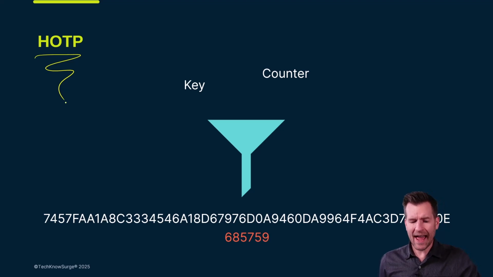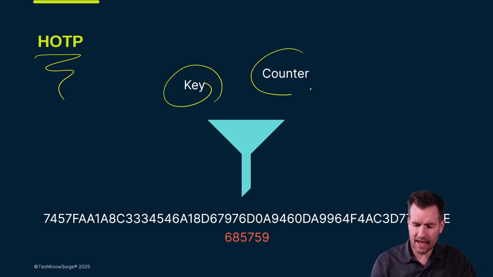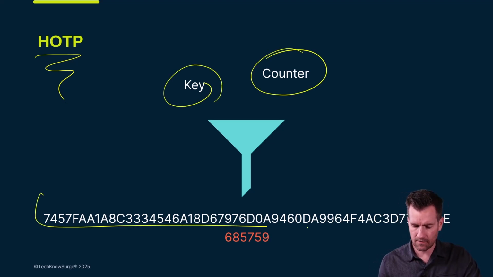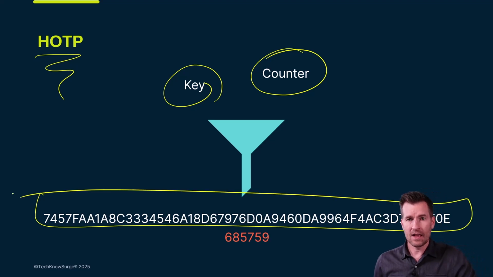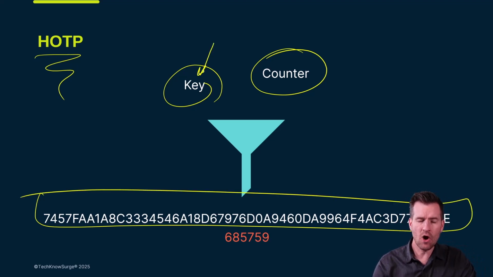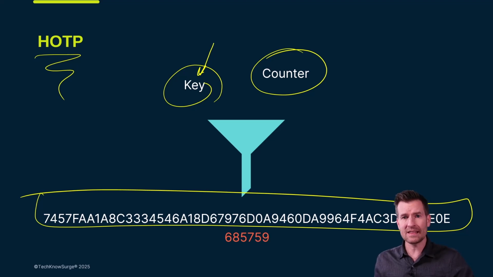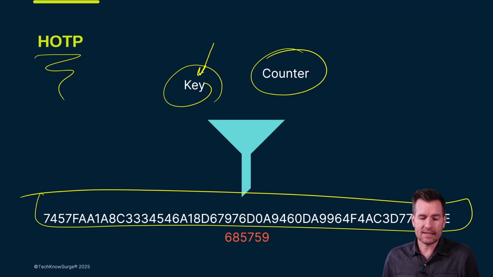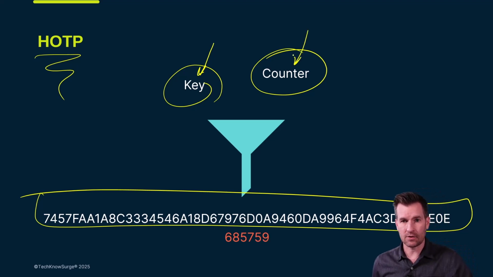HOTP is going to hash the key and the counter together to generate this fingerprint. The key is a known value that only this server and the Authenticator app know. And then you have a counter, and we'll discuss the counter in a little bit.